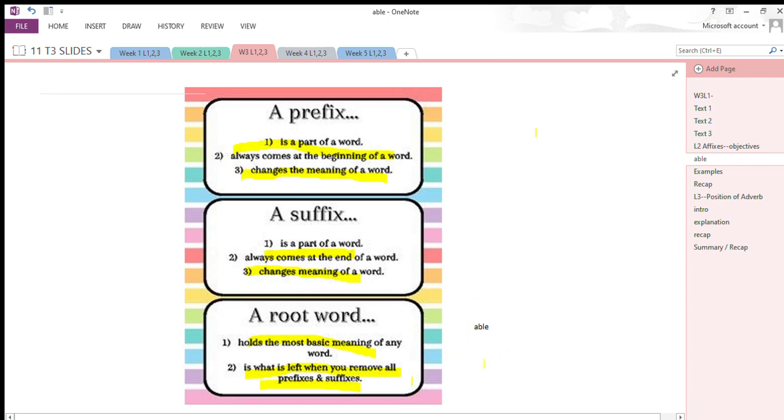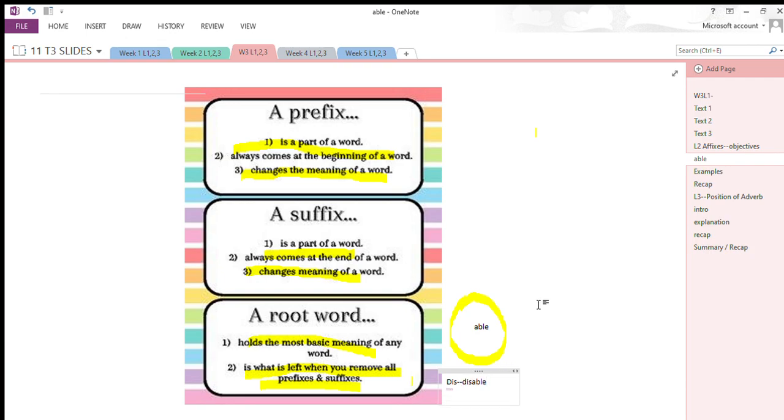Now here, if you look at this word, able. If I have to change this word by adding a prefix, what I will do? If I add dis with this one, it will become disable.